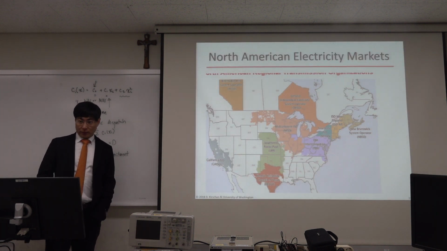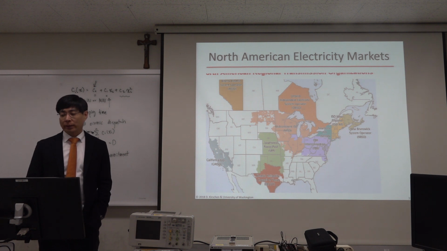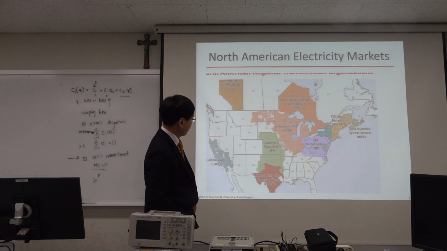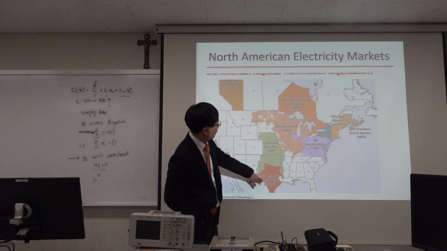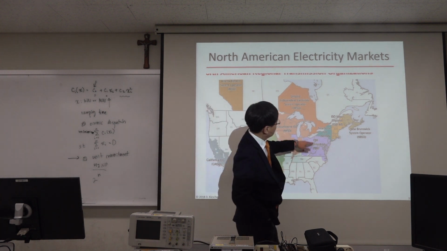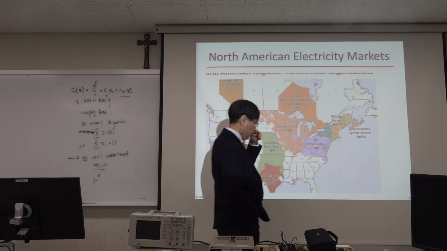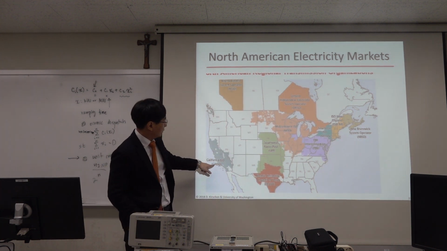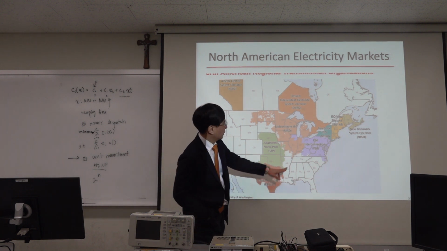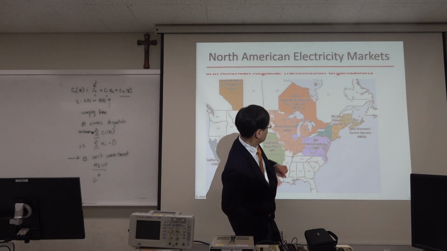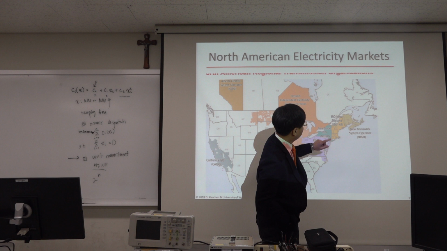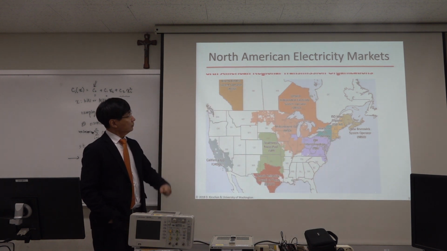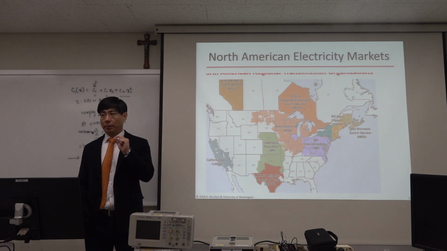So this is the North American electricity market, and you see different colors, 1, 2, 3, 4, 5, 6, 7, 8, 9, 10 different colors here, and the abbreviations CAISO, ERCOT, PJM, MISO, New York ISO, blah blah blah. So they are about independent system operators.